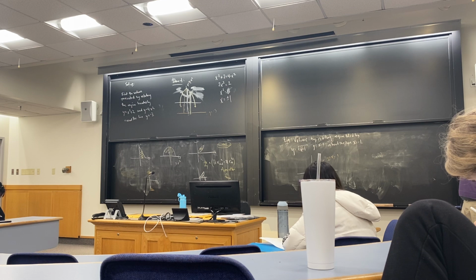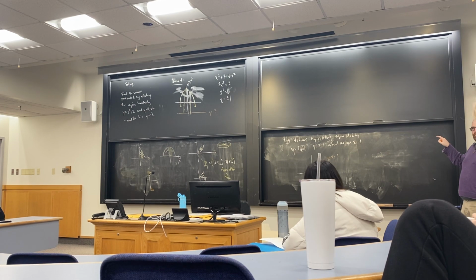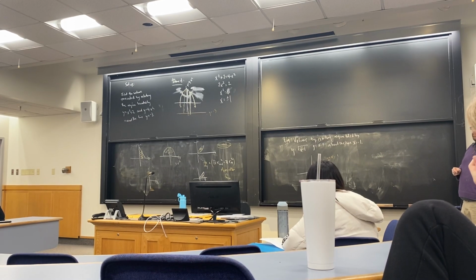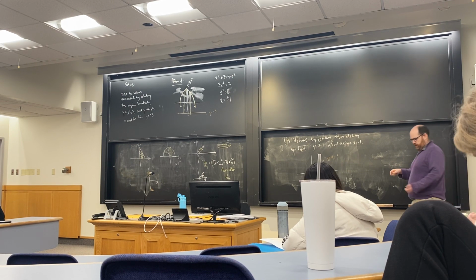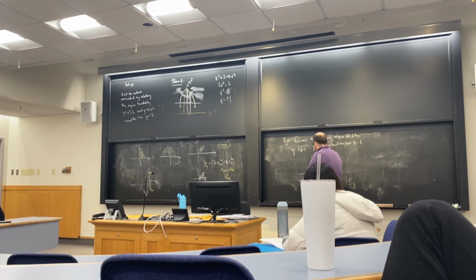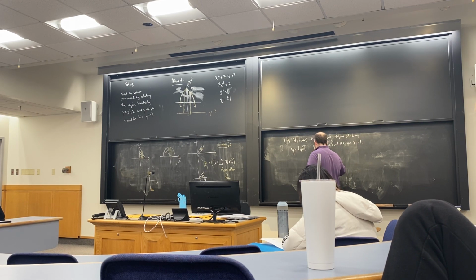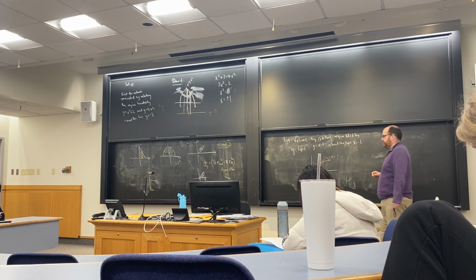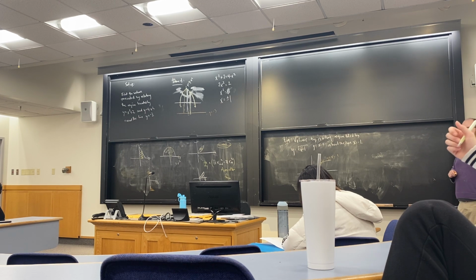Do you guys know what y equals square root of x minus 1 looks like? It's like half a parabola. What are its x-intercepts? Yeah, when y equals 0, x equals 1. So it starts here and goes like that.